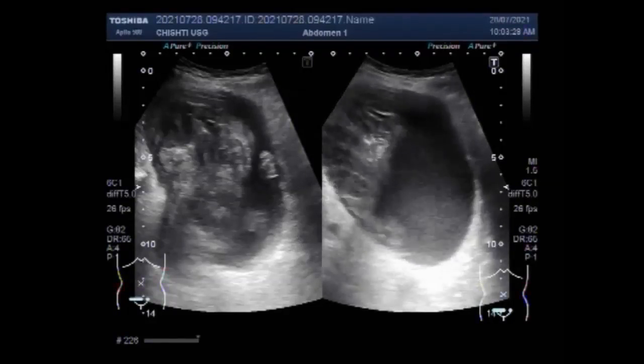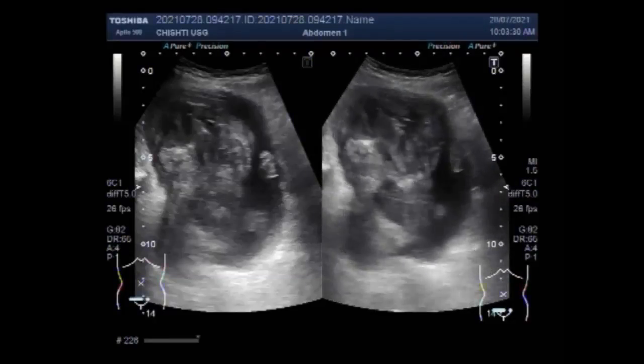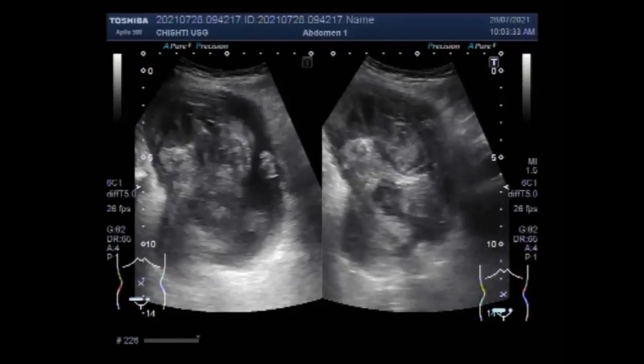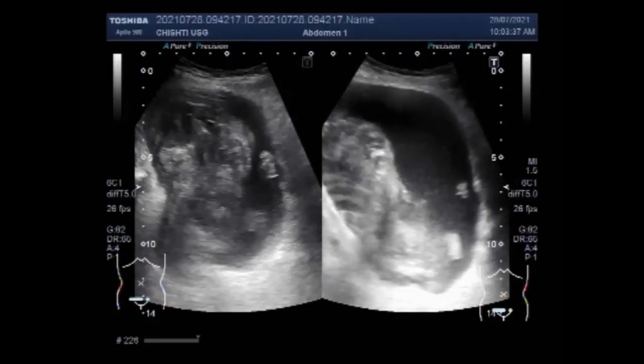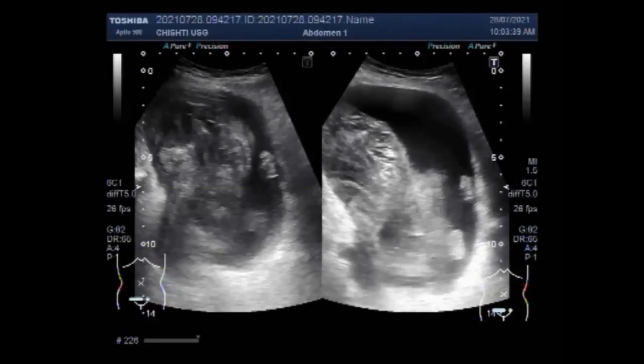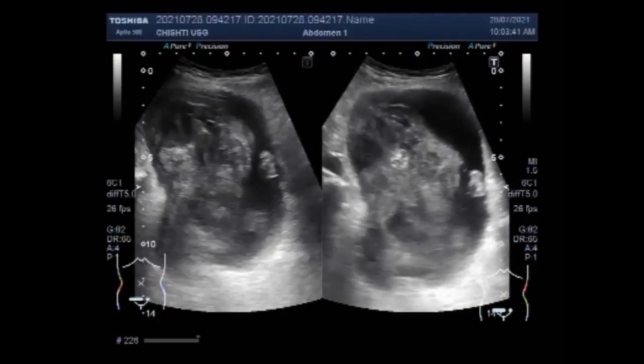Again, you can see a large amount of thick sludge and debris in the urinary bladder, along with a mass along the left lateral wall of the urinary bladder.